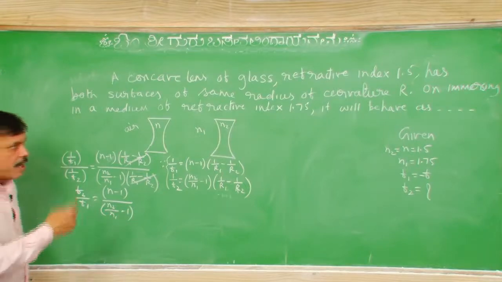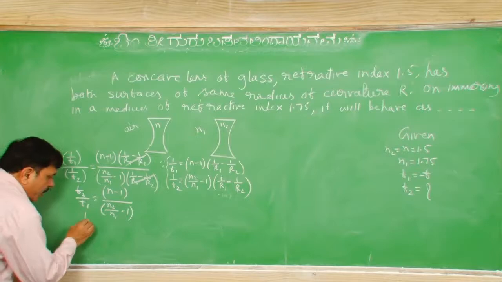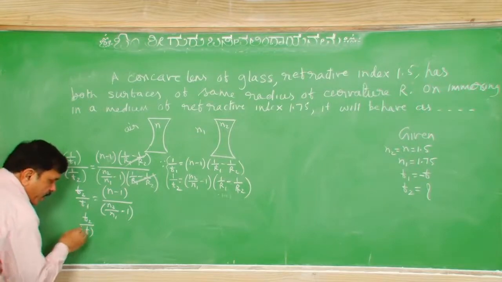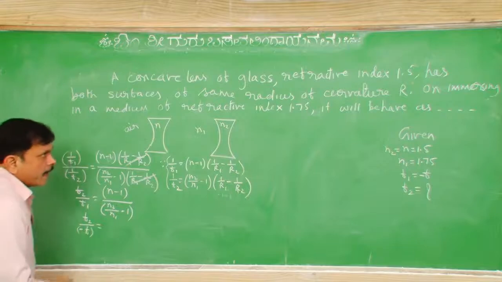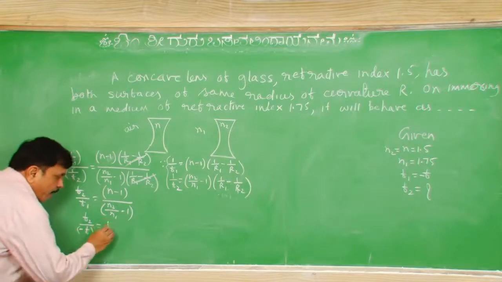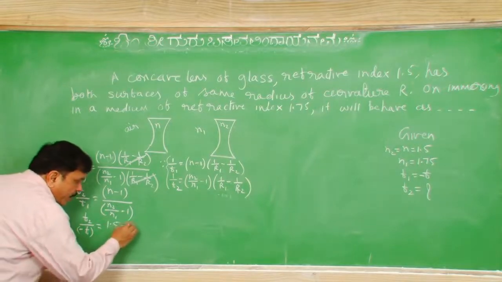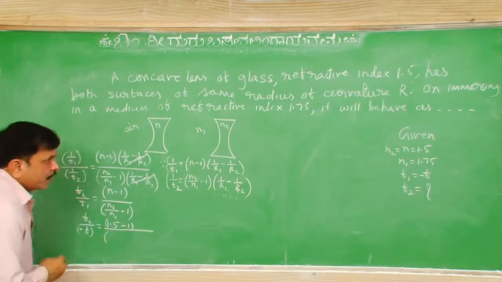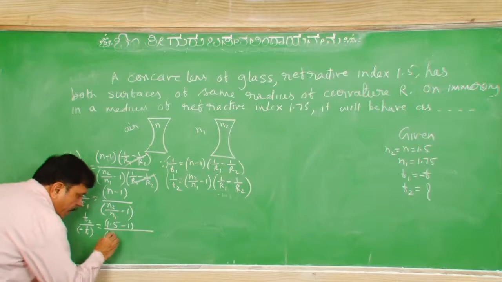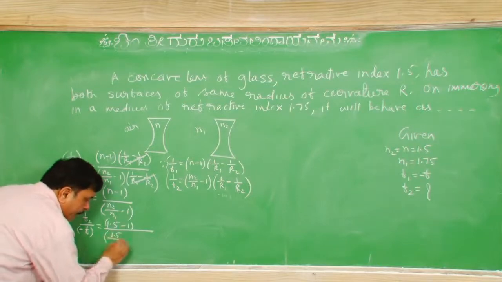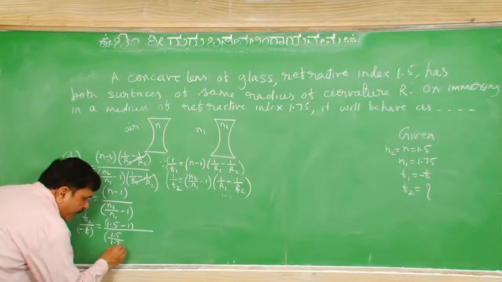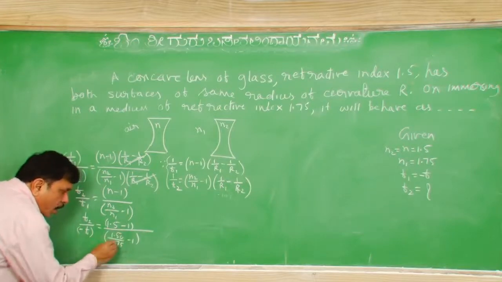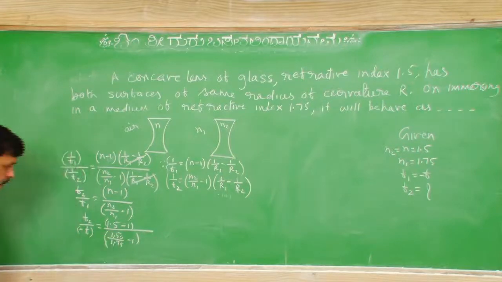Now, we will put the known data. We can write F2 by minus F equal to n is 1.5 minus 1 whole divided by here n2 is 1.5 by 1.75 minus 1. We will remove the decimal point here.